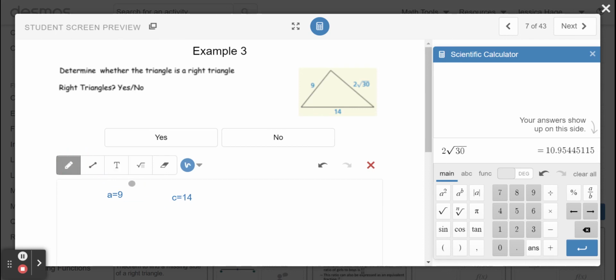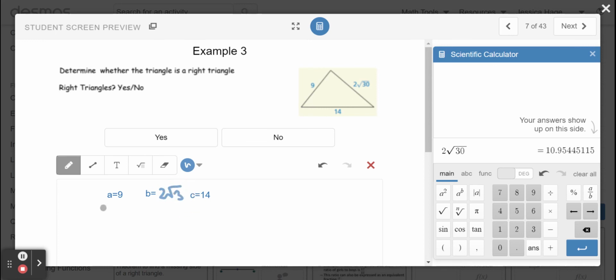And I'm going to have to write B is going to be 2 times the square root of 30. And these are hard to type in because we don't have the square root bar on the keyboard here. It's going to write it in. So it's going to be 2 square root 30.